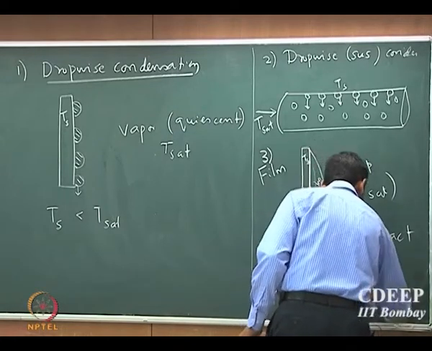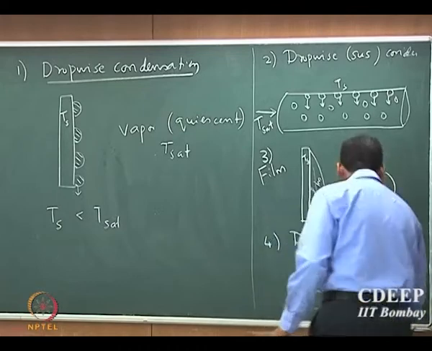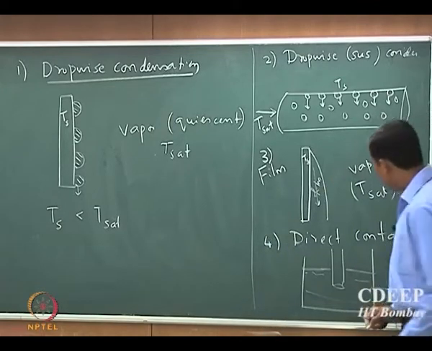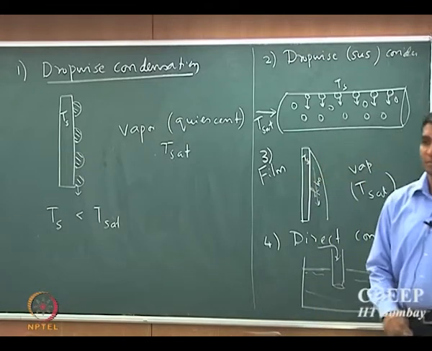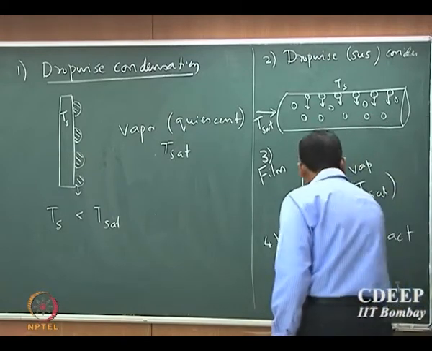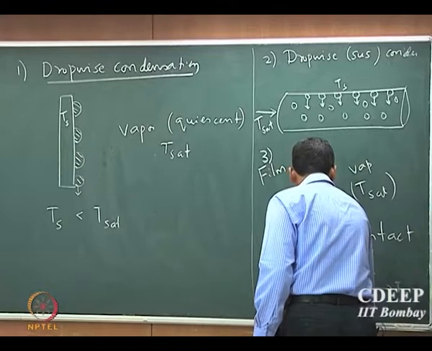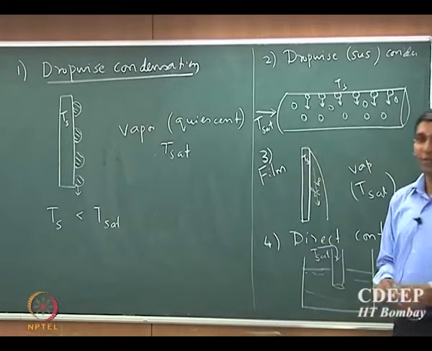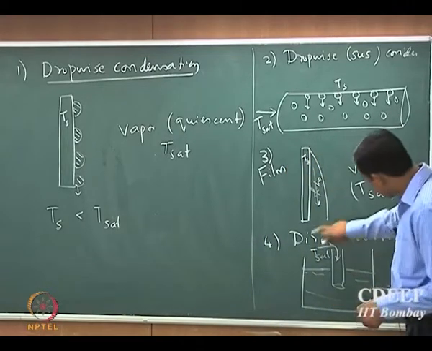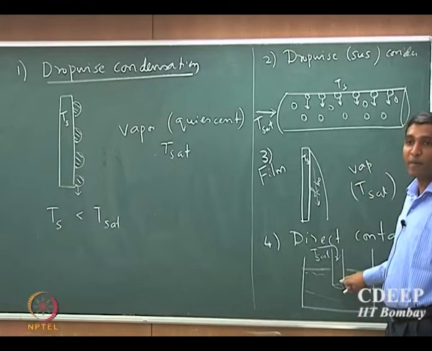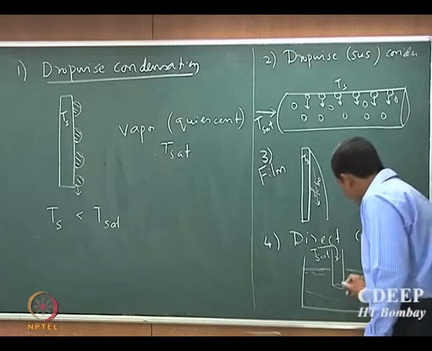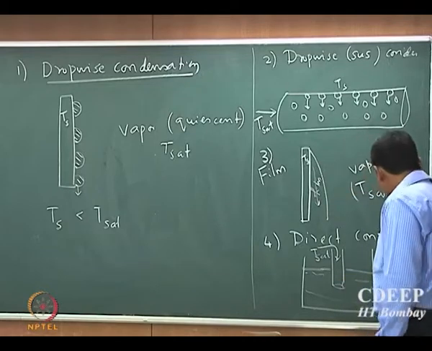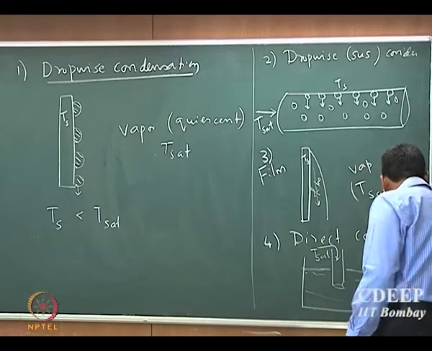I have a fluid which is maintained at Ts. Now, I am going to pass gas through this tube, and this is a vapor which is at Tsat. Basically, I am going to bubble the vapor through this liquid. Now, what happens? This liquid is at a temperature which is smaller than Tsat.